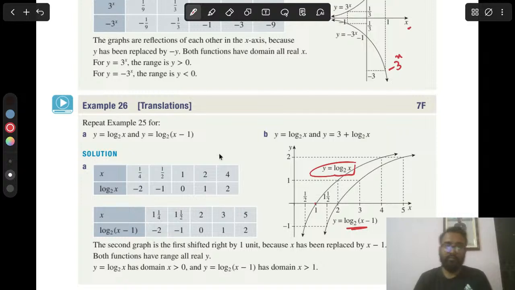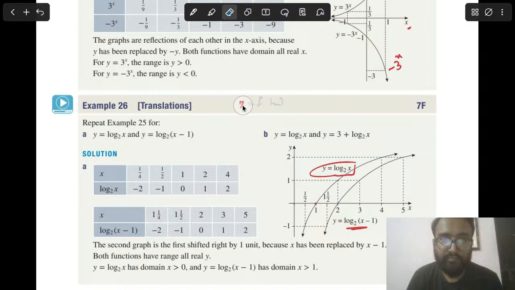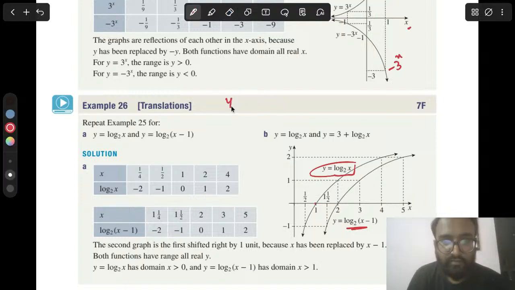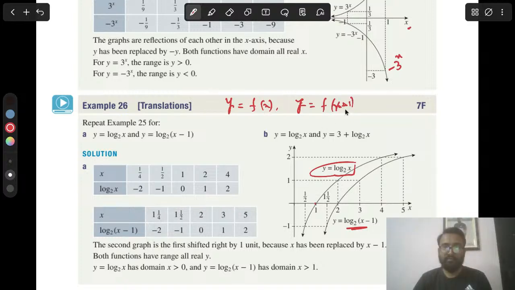So if y equals f of x is a function, then y equals f of x plus 1 is the same graph of f of x but moves one step left. And f of x minus 1 moves one step right.